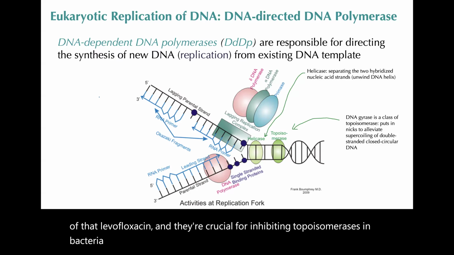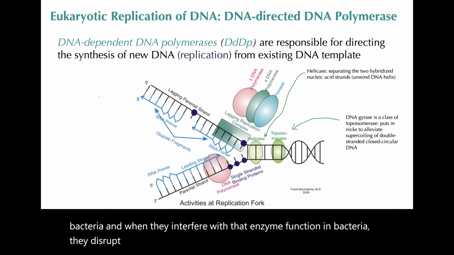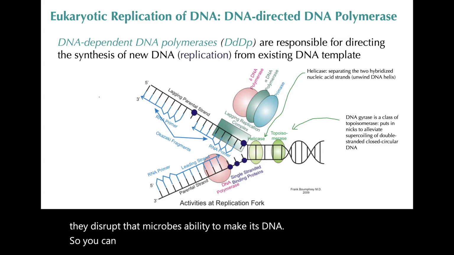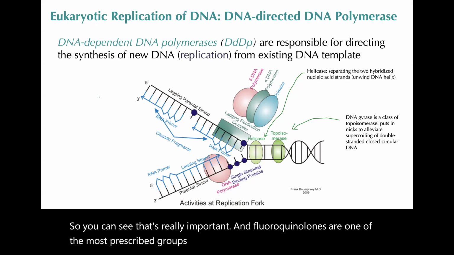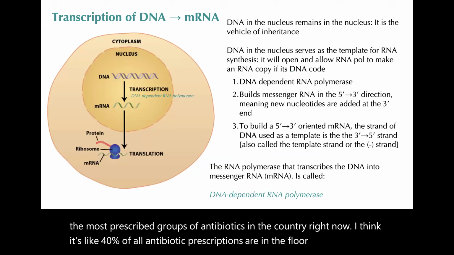And when they interfere with that enzyme function in bacteria, they disrupt that microbe's ability to make its DNA. So you can see that's really important. And fluoroquinolones are one of the most prescribed groups of antibiotics in the country right now. I think it's like 40% of all antibiotic prescriptions are in the fluoroquinolone class.